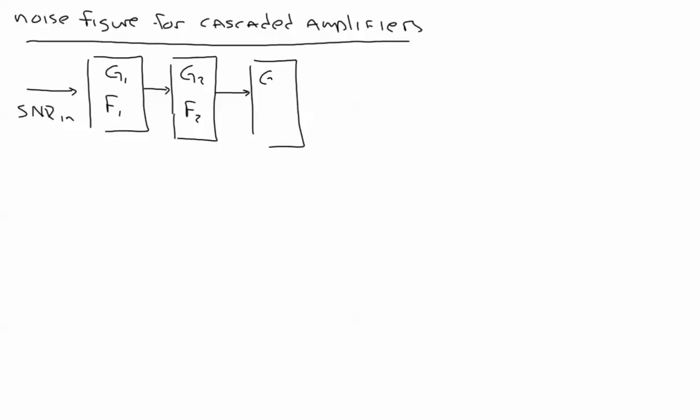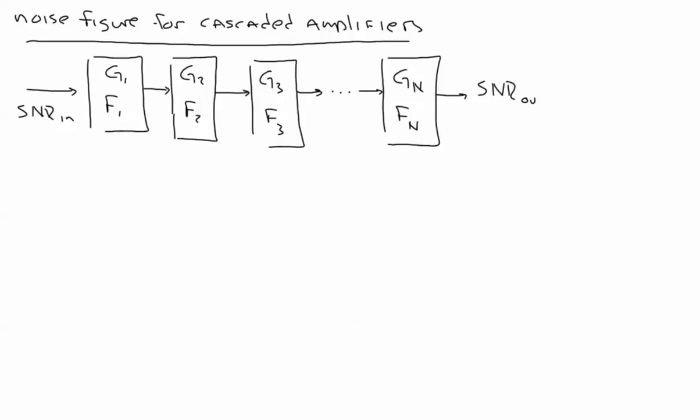Gain 3, noise figure 3, all the way up to gain N and noise figure N. And ultimately, I've got an output signal-to-noise ratio. Well, it turns out there is a relationship known as the Friis formula. Actually, it's S prime.